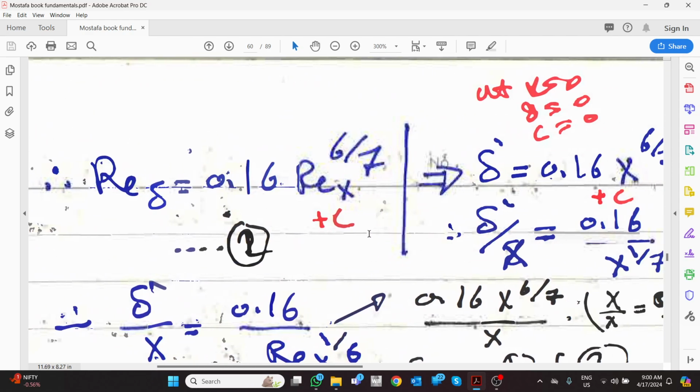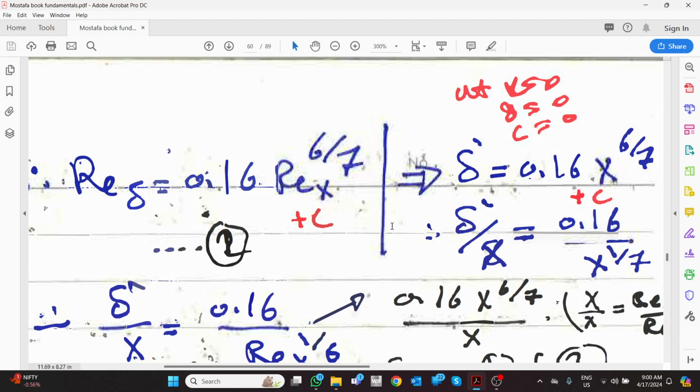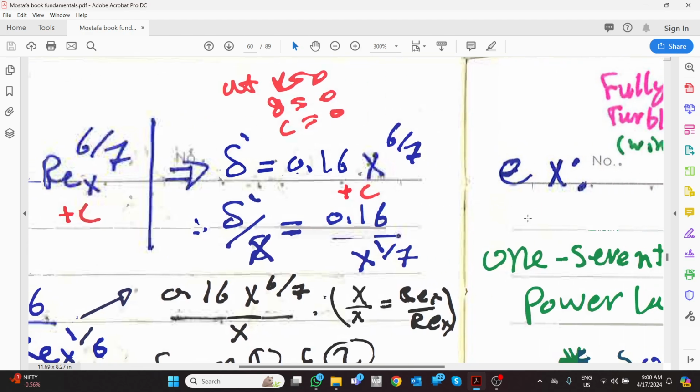So voila, after the integration you will have 0.16 Reynolds number of x, which is delta. So you get a formula for Reynolds number at delta with respect to x, plus c. Apply the condition: when you apply the conditions, c equals 0.